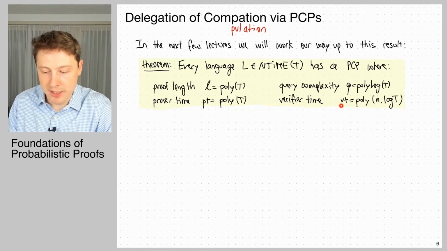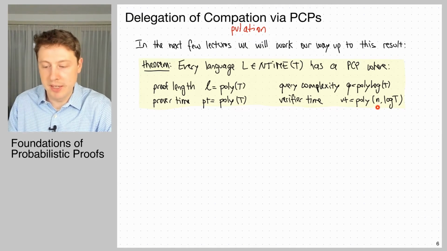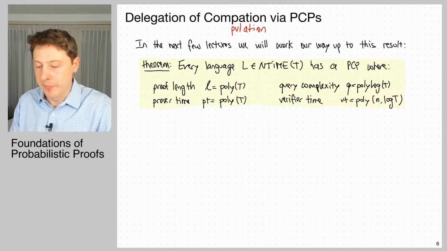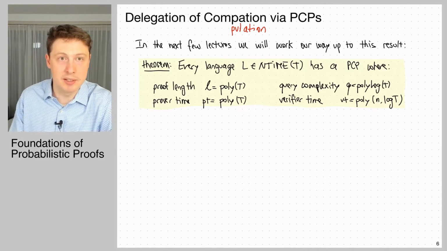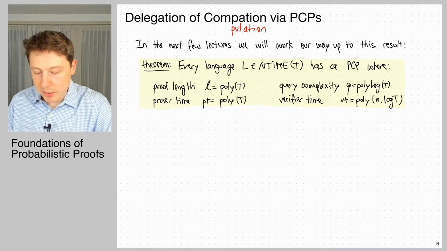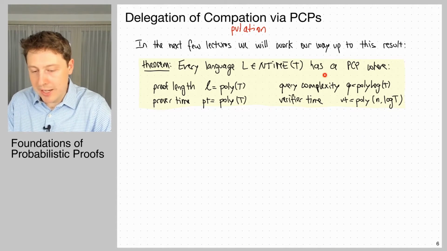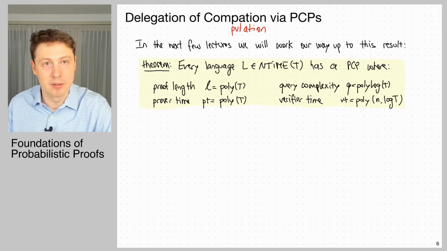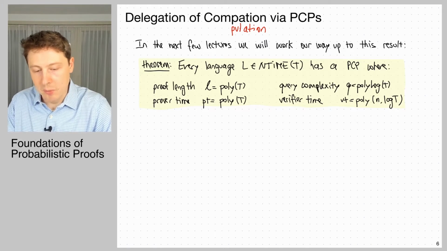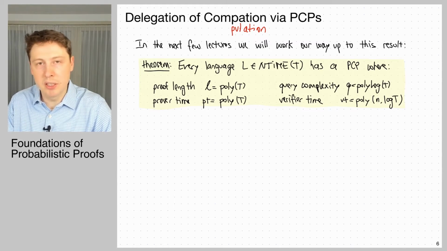Now of course the verifier has to read the input of size n, so it has some dependence on n, but this is some fixed polynomial. Think about it as n squared or something, or quasi-linear in n. The point is that there's an exponential speedup over just checking things by yourself, which would take time t. Without proof systems, this language requires a decider to look at a witness of size up to t and run for time up to t to figure out whether it's a good witness.